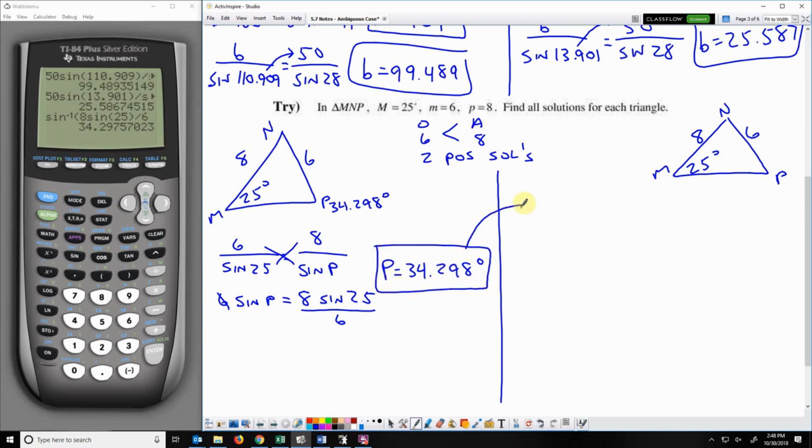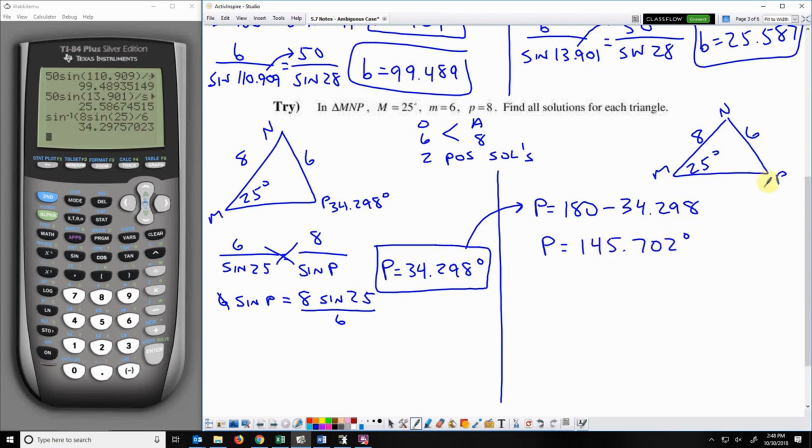I'll use that just to get a start over on the second solution set by finding the supplement of angle P. So P is 180 minus 34.298. And 180 minus 34.298 is 145.702 degrees.